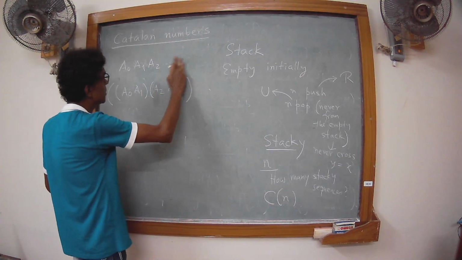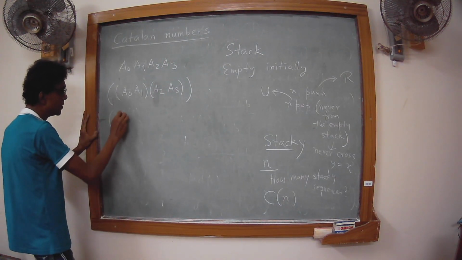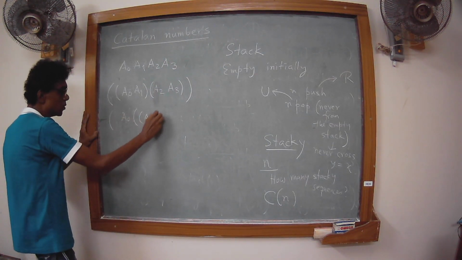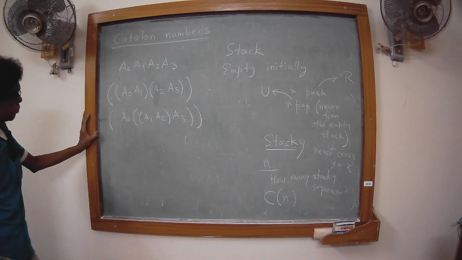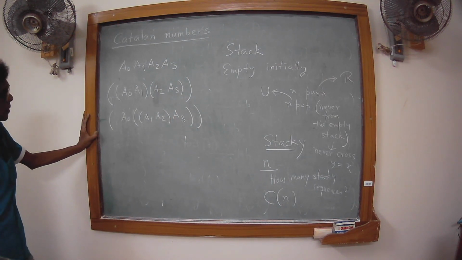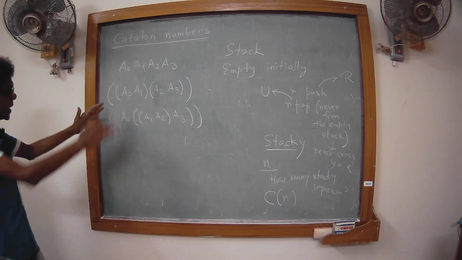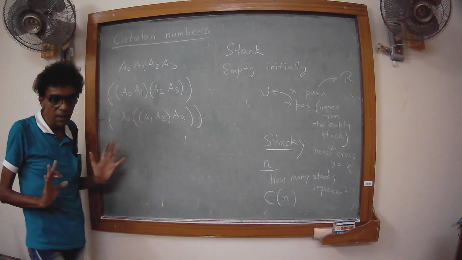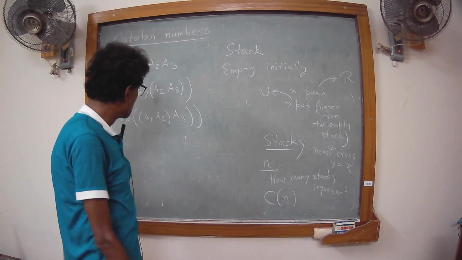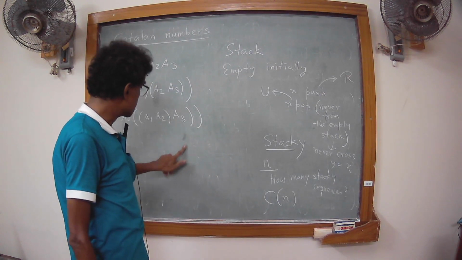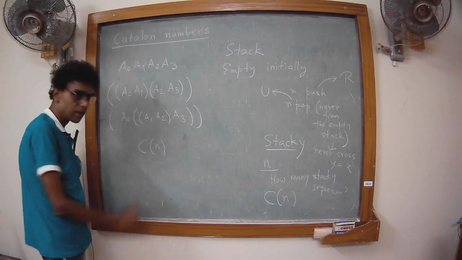Another possibility is a different grouping of A0, A1, A2, A3, and so on. The question is, in how many ways can you parenthesize the product explicitly in order to make the multiplication pattern explicit? This number again turns out to be C of n.